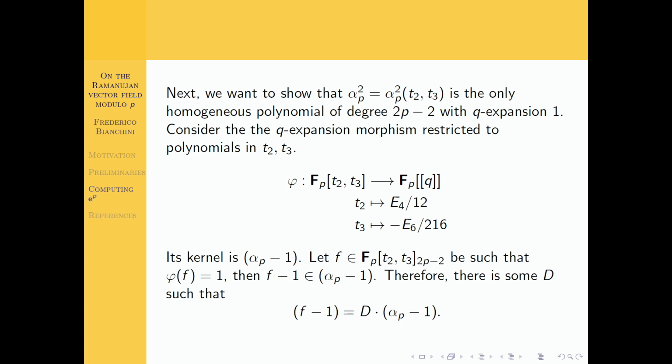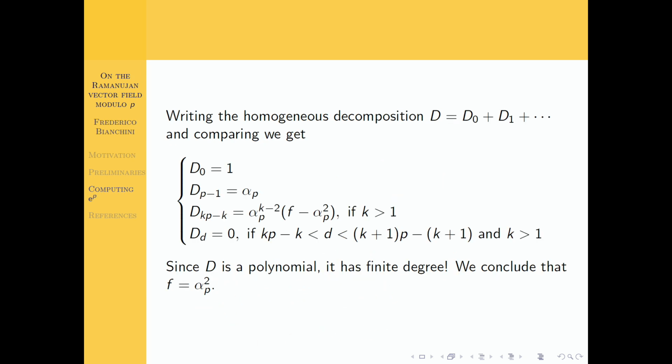Now we take some f, which is homogeneous of degree 2P minus 2, such that it has Q expansion 1. Then f minus 1 is in this kernel. So there's some divisor here, some d. And then we analyze all the possible degrees, all the homogeneous parts in each of these polynomials, and we conclude that f must be alpha P squared.